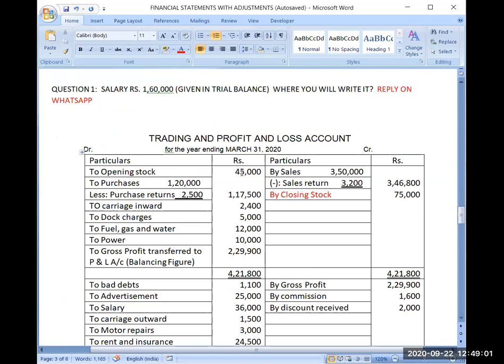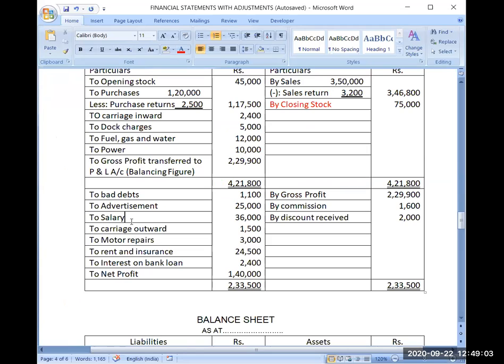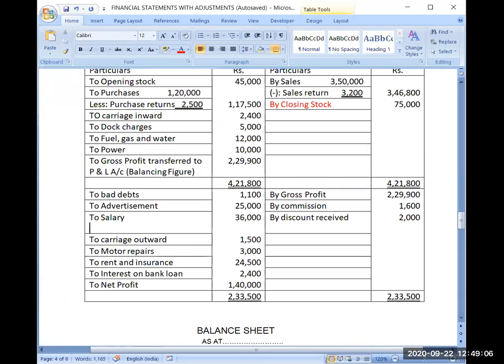So for the first part, how I will attempt it here: in salary, I will add outstanding salary, because my salary will increase by the amount of outstanding salary. In this way, you will make this adjustment in your financial statements. This is the first part. Now it's clear why I'm adding outstanding salary here to the salary.